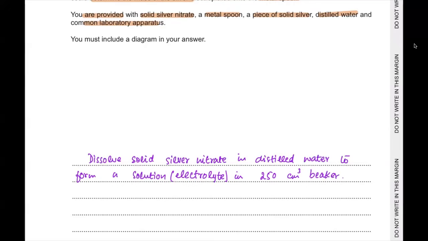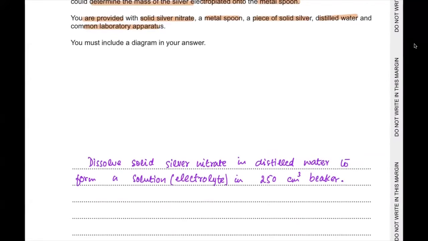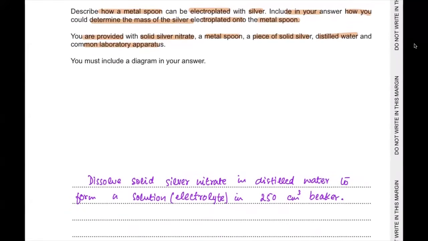Okay. Now, see, there is one important thing over here. You could determine the mass of silver electroplated on the metal spoon. So for that, you can do it either way.